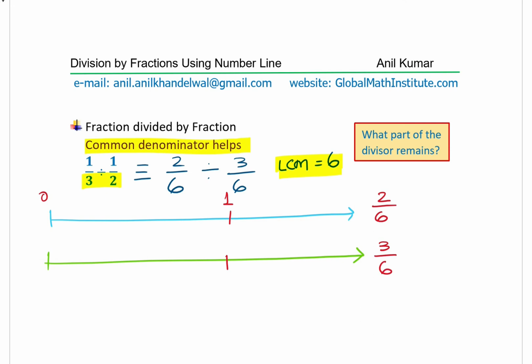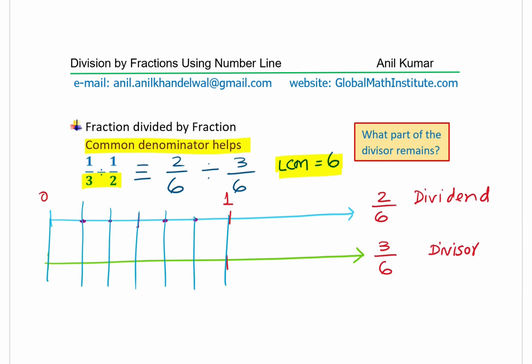This is the divisor. So when I say 2 by 6, I need to divide this into 6 equal parts first. So let's do this. So that is half, and then each half into 3 parts.